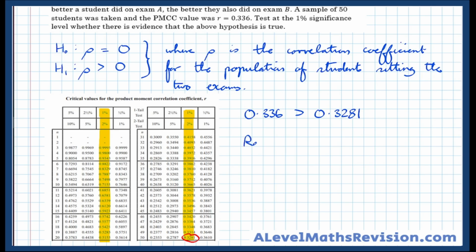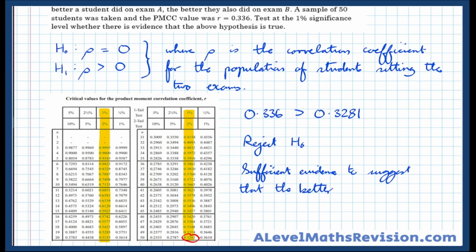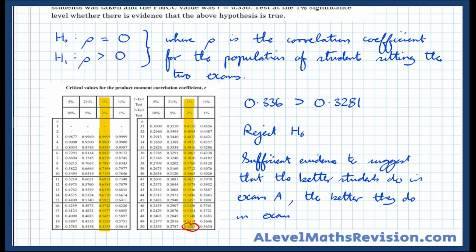So I can reject H0. There's sufficient evidence to suggest that the better students do in exam A, and remember concluding in context, the better they do in exam B. So the key point is these tables here tell us the bare minimum correlation needed in any circumstance.